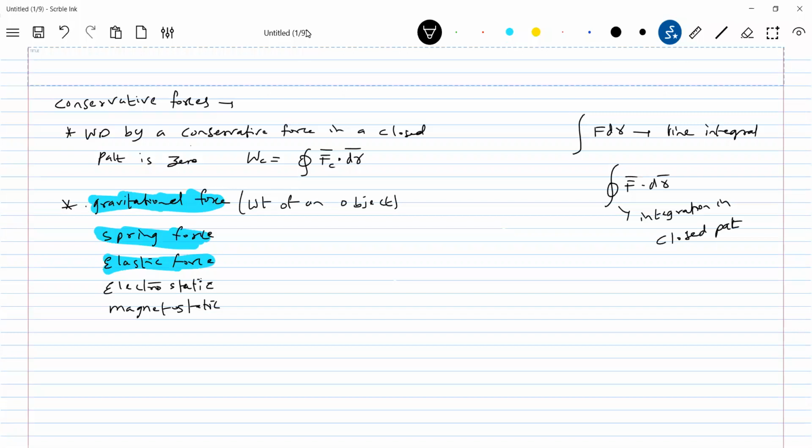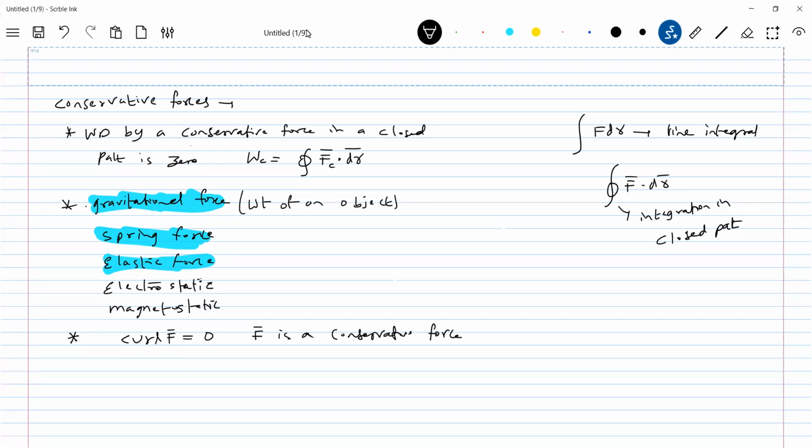So is there any mathematical way of finding out whether a given force is a conservative force? Here, curl of F bar, a mathematical operation: if it is equal to 0, then F bar is a conservative force. What is that curl operation? It's a mathematical operator, like how we have cross product and dot product.